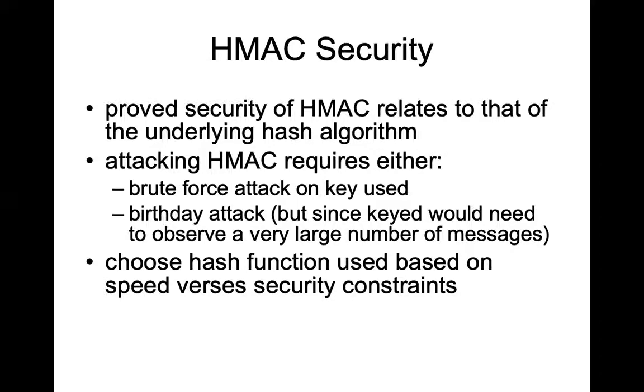If you want to attack the HMAC, it requires either a brute force attack on the key used, or there is something called the birthday attack, where you use the birthday paradox to try to identify collisions, but those are pretty hard as well.